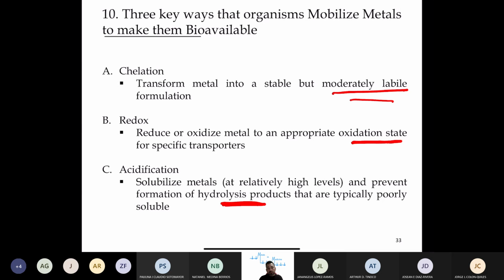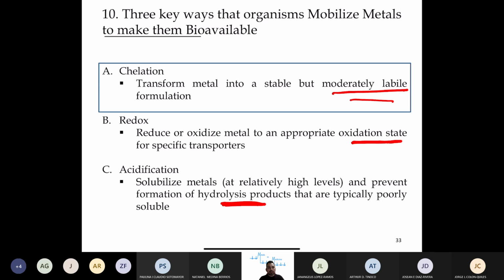And so the precipitation, the coming out of solution, can be a way in which the metal is no longer accessible, no longer able to be mobilized. Acidification is a way in which you can take advantage of an insoluble form of a metal in order to get access to it and then transport it. And I would say that oftentimes you have a mixture of these methods in order to facilitate the mobilization of a metal.